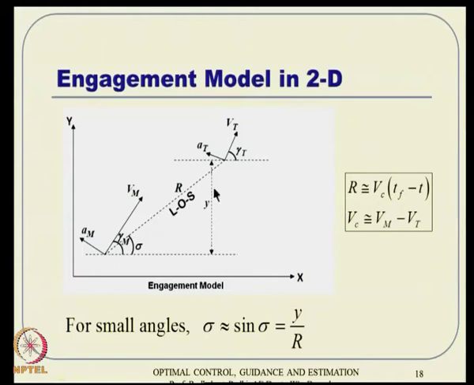Vc is the closing velocity along the line of sight, which is Vm minus Vt or Vt minus Vm, depending on what people write. It depends on the definition you have; if you have Vt minus Vm, there will be a sign change in the guidance law later.